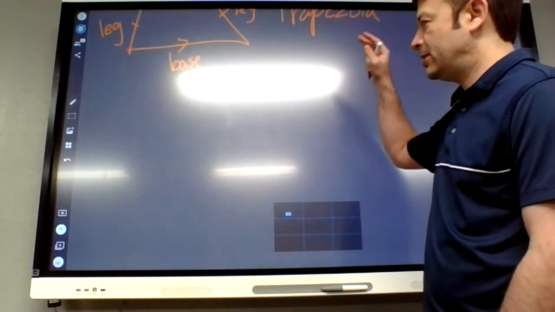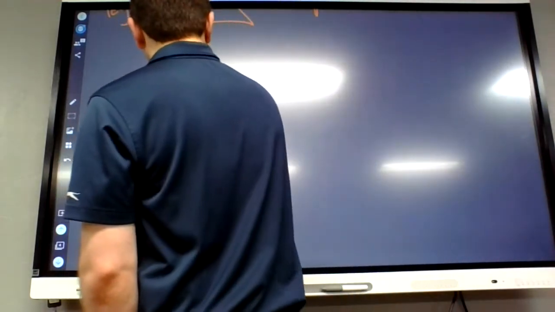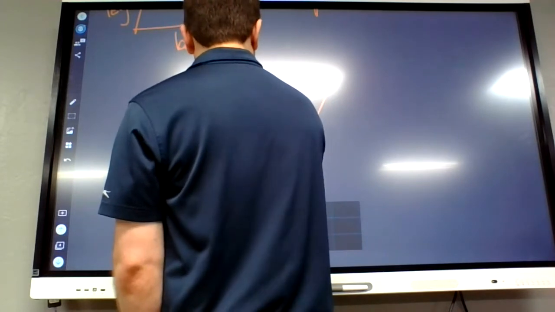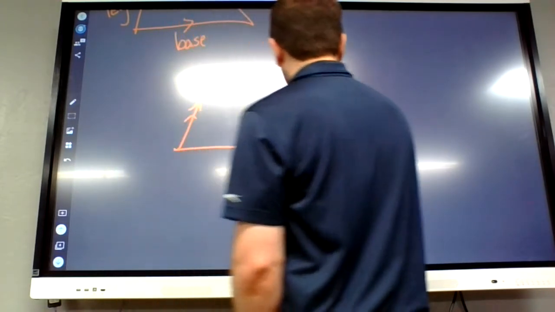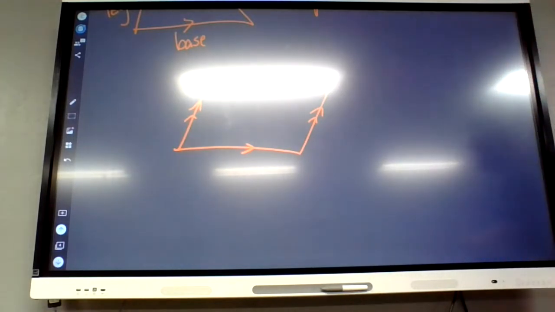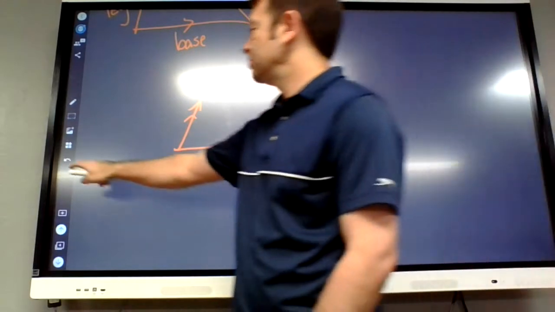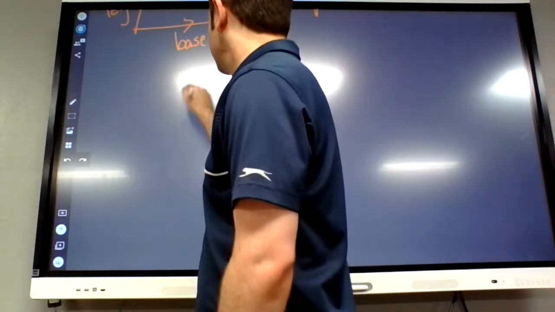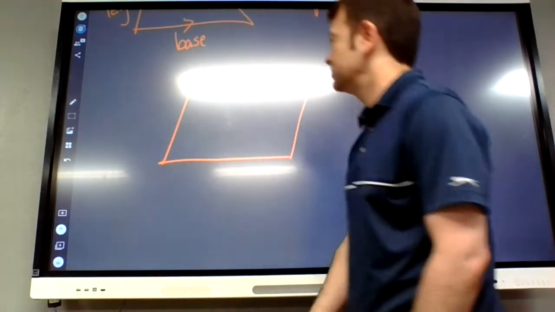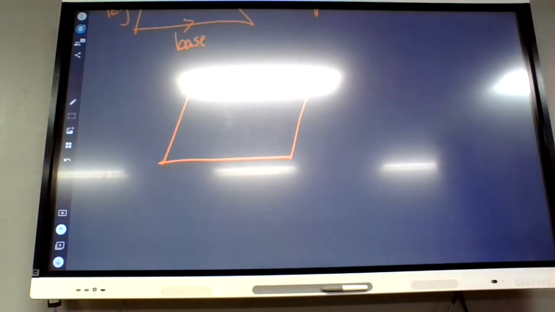Alright, now today we're talking about properties of parallelograms. Well, the definition of a parallelogram is the parallel thing. But guess what else we know about parallelograms besides the parallel lines?